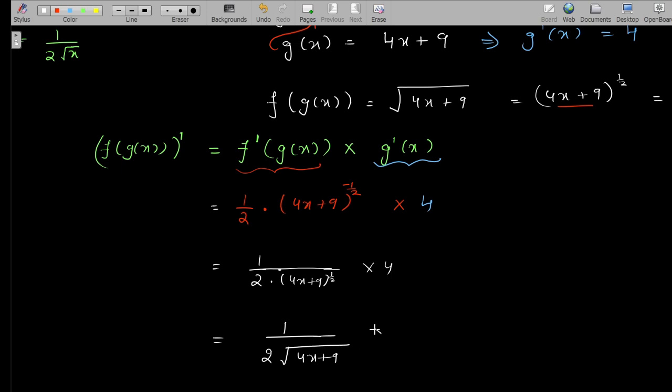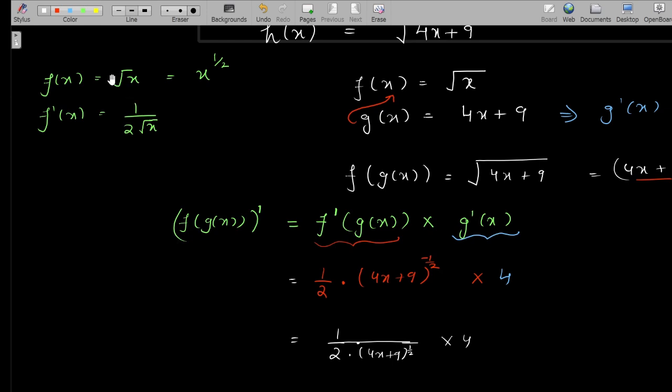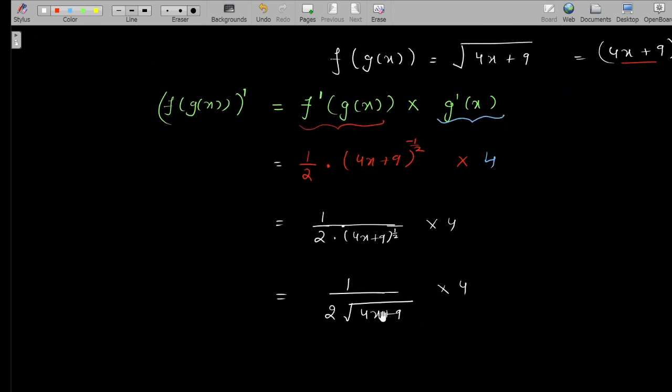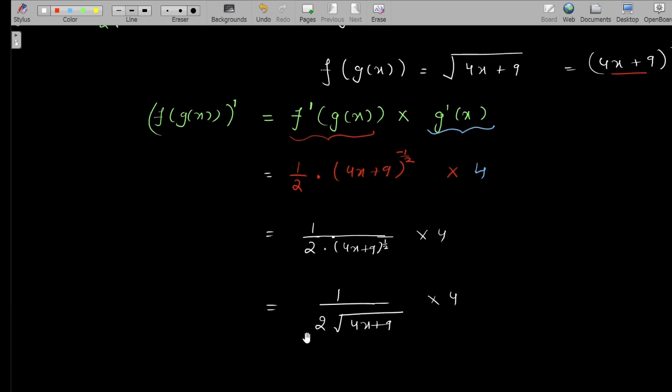So see, if you knew that the derivative of square root is 1 over 2 root x, you could have directly written this answer: 1 over 2 square root of, instead of x, 4x plus 9. And then multiply it by the derivative of the inside function, whatever is inside the square root.